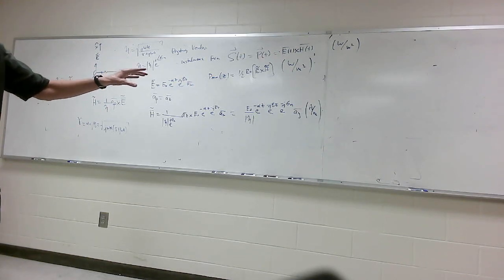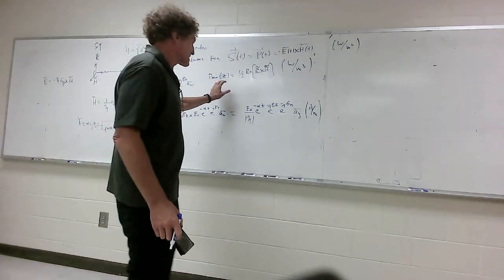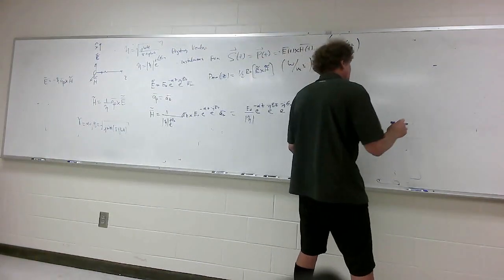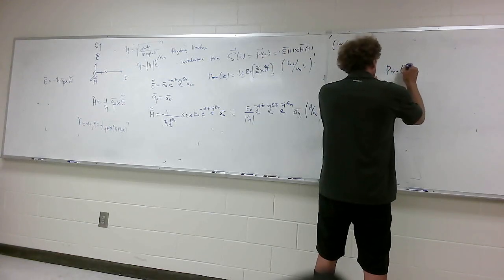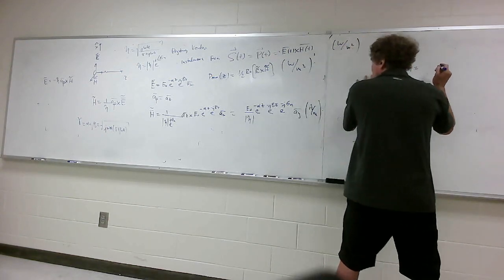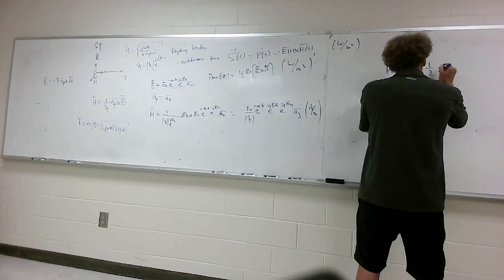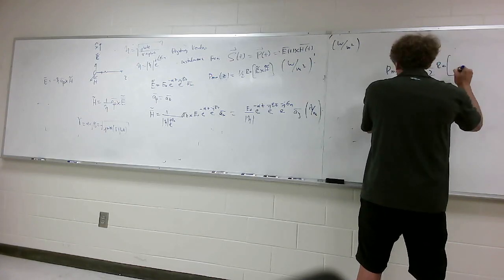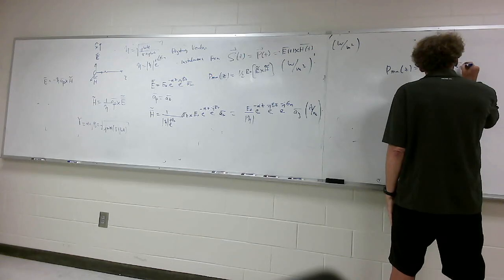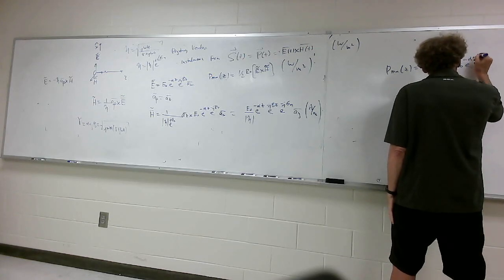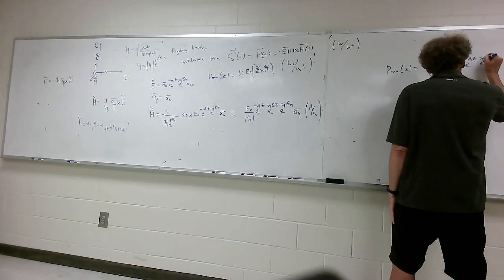So now we're getting back to this average power. This is the key thing. You take the average power here. It's 1/2 the real part. Now E, I'm just going to rewrite E. E naught e to the minus alpha z, e to the minus j beta z.